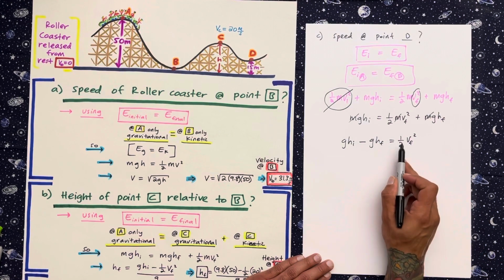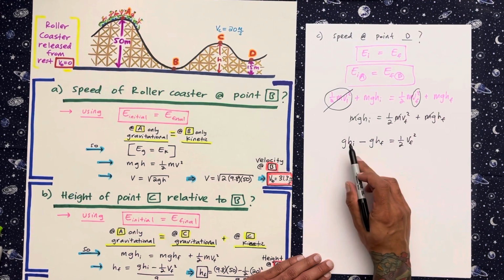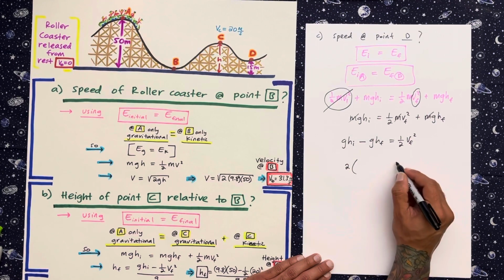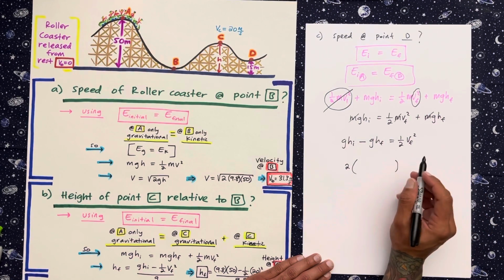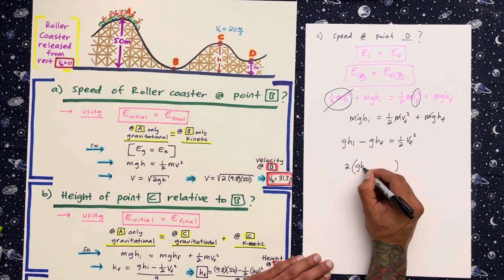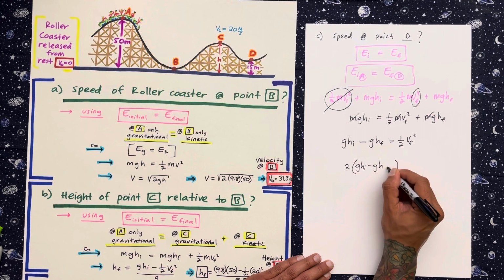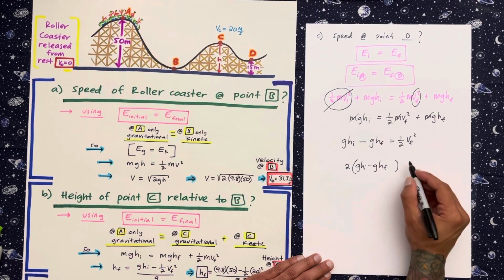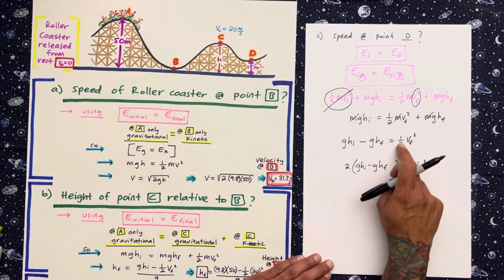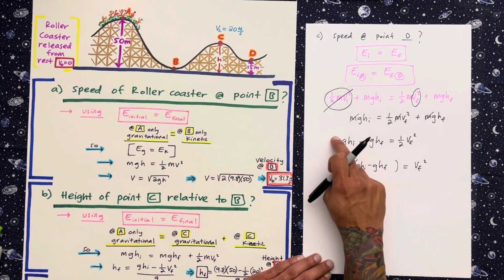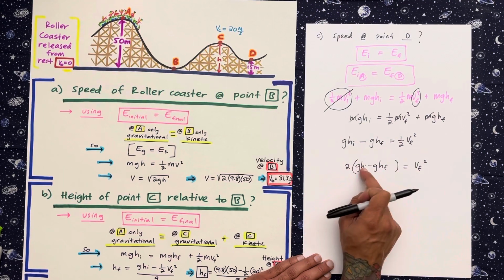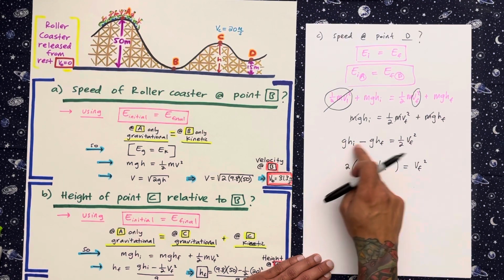All right, let's get rid of that 2. So we're gonna multiply the 2 to the other side. I'm just gonna put 2 in parentheses because it goes to the top, and then I'm just gonna rewrite everything that we have here, equals velocity final squared. So what I did was multiply the 2 that is on the bottom to the top on this side, and then I put it in parentheses so it can distribute back into both.